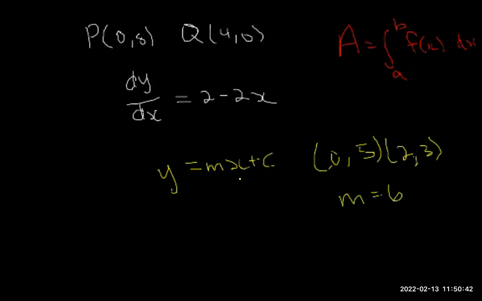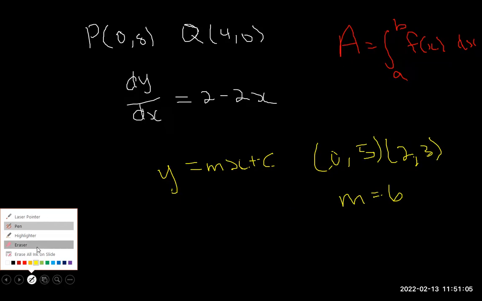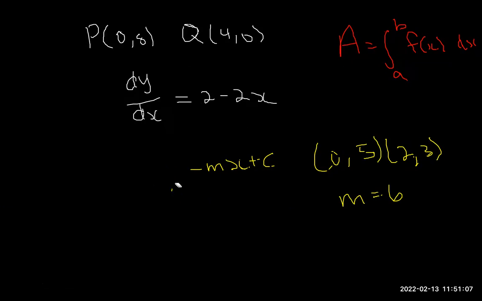To find the value of c, you either substituted the point where x is 0 and y is 5, or you could have used the point where x would have been equal to 2 and y is equal to 3. You would get the same value for the constant c. Same thing here. It does not matter which point you substitute into the equation because both points lie on the curve.